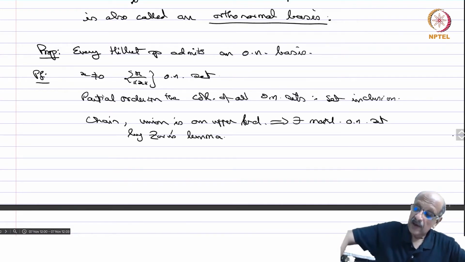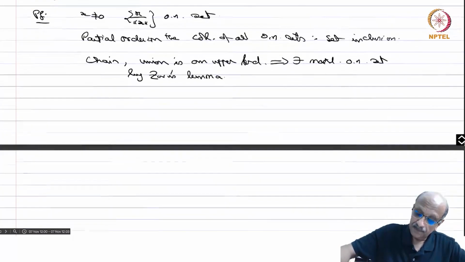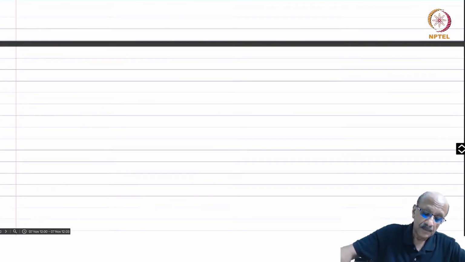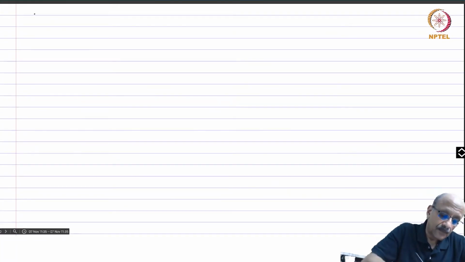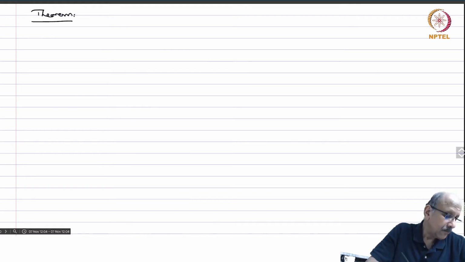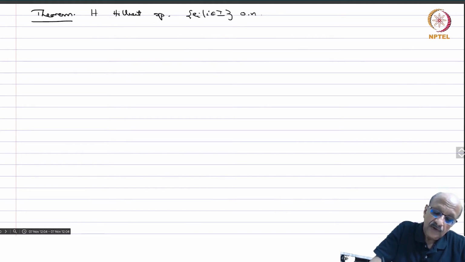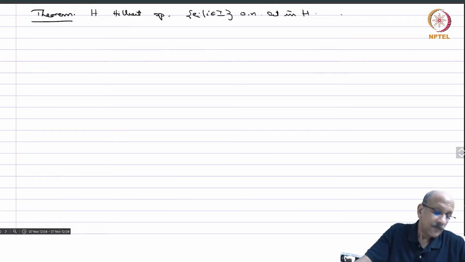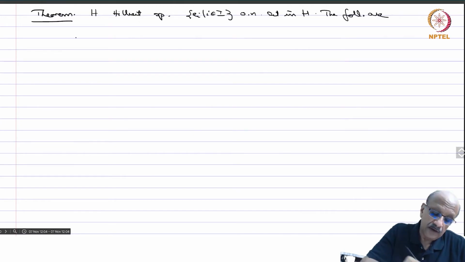So now we have a very important theorem. H a Hilbert space and e_i, i in I, an orthonormal set in H. Then the following are equivalent.